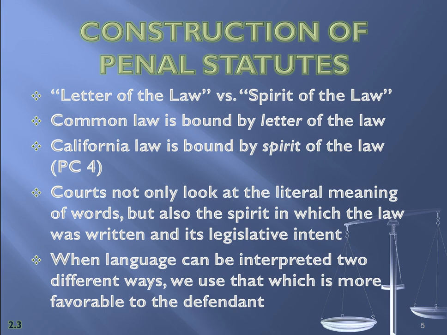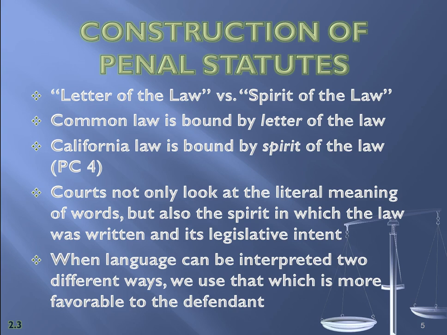The California legislature expressed that intent specifically in 1872 by enacting Penal Code Section 4, which reads as follows. So you can listen and follow along here if you're looking in your book. The rule of common law that penal statutes are to be strictly construed has no application to this code.